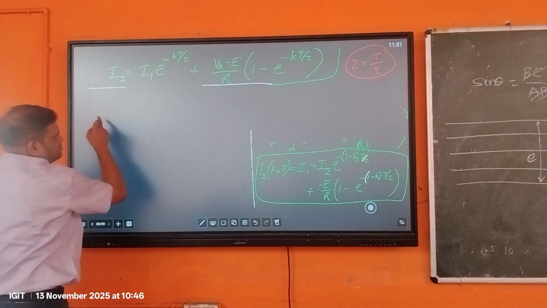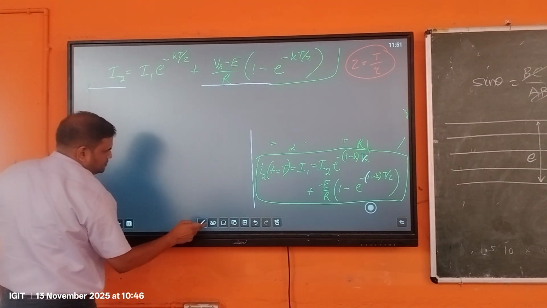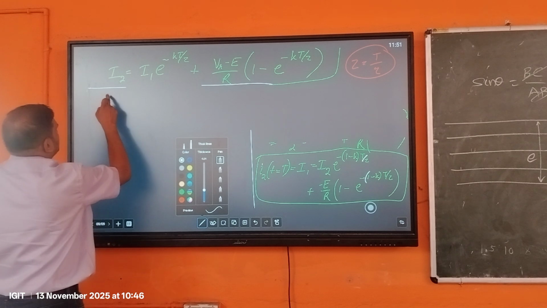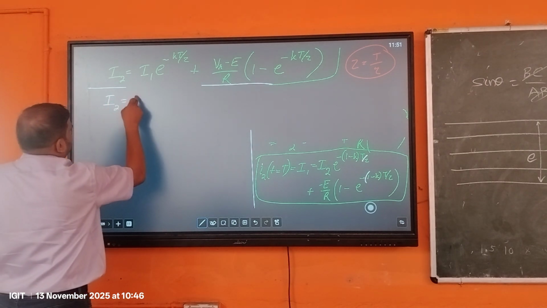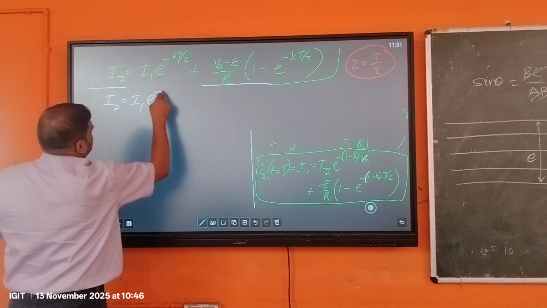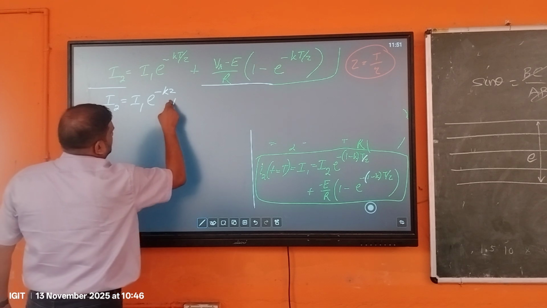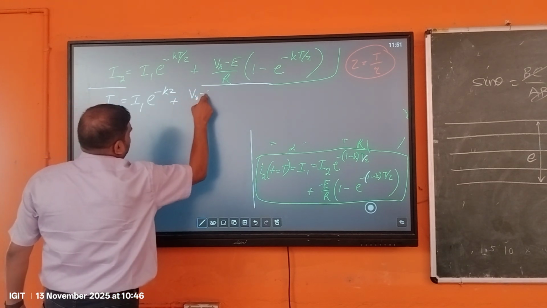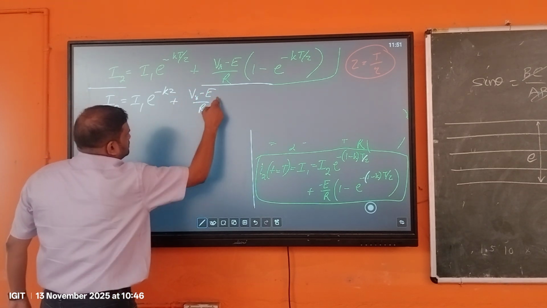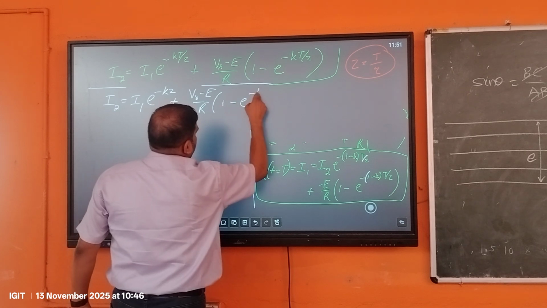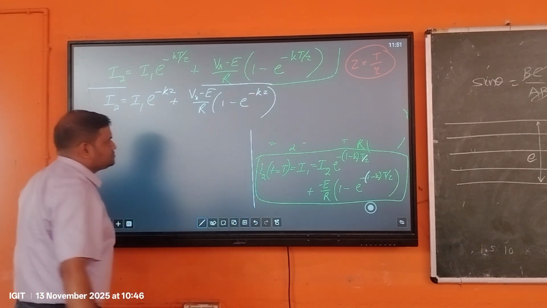Okay, so let me write down this term once again. So I2 is equal to I1 e to the power minus kz plus (Vs minus e)/r times (1 minus e to the power kz), correct?